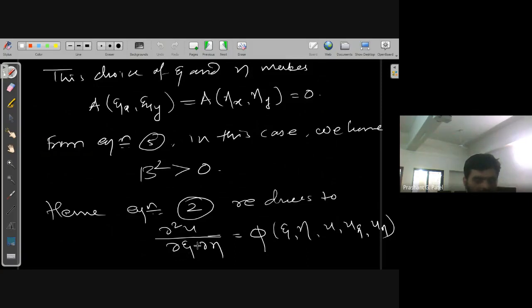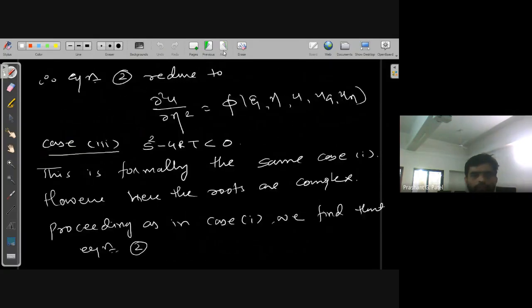But this will form two things: a real factor and a complex conjugate, and xi and eta are complex conjugates of each other. So no real characteristic curve is possible in this case. If you want to do that, we need to assume the values of xi and eta.